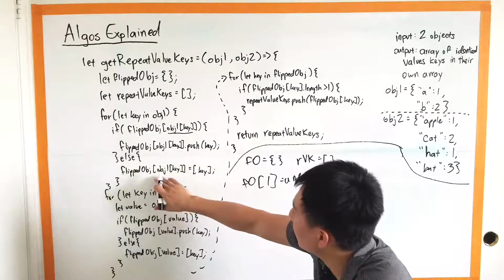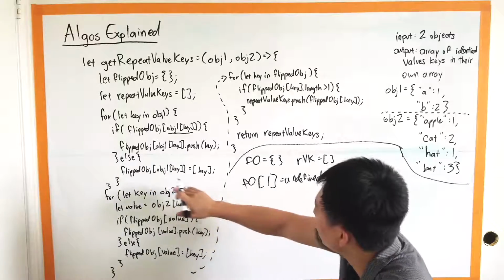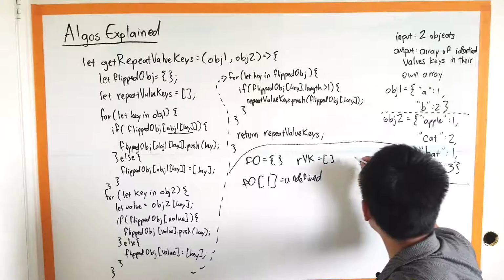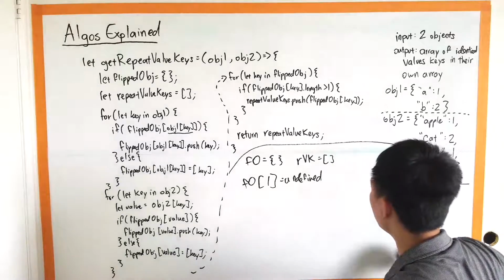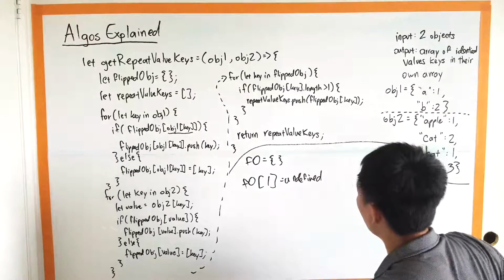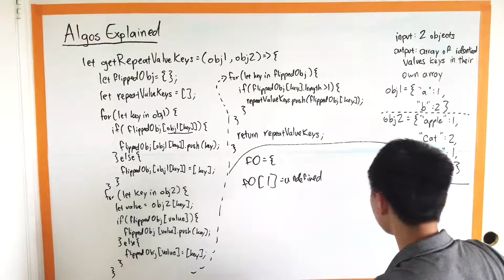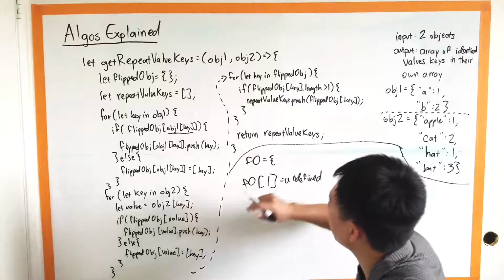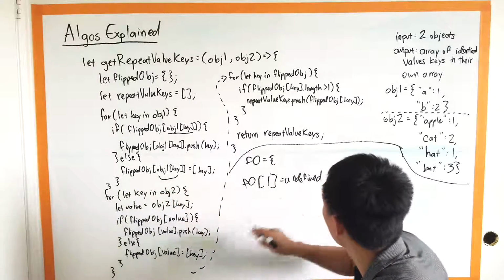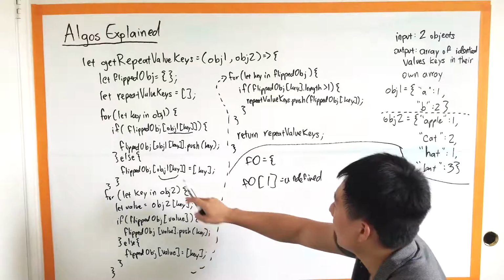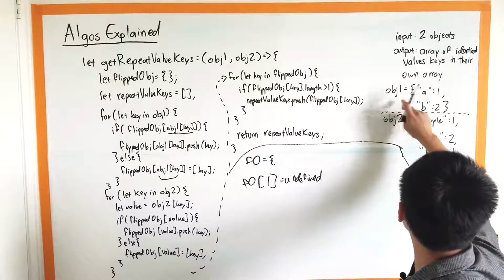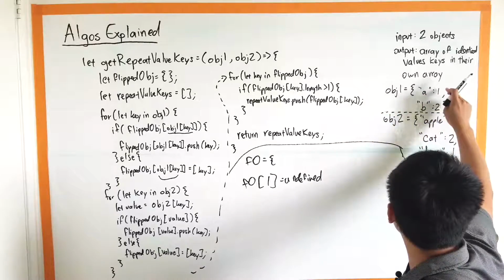Of course, that's undefined, so we're going to go into this else and we're going to create this: flipped object of 1 equals key. So right now, we'll just get rid of that and expand this. We just created this. Flipped object of that was a value. What was the value? Object 1 of key, which was A, is 1.